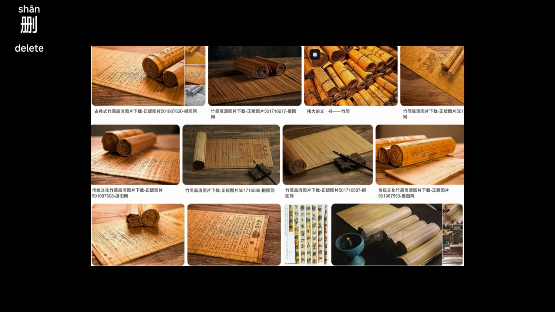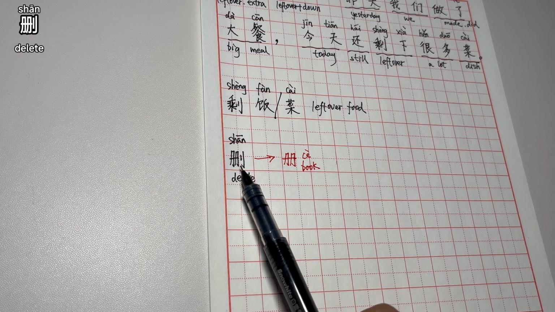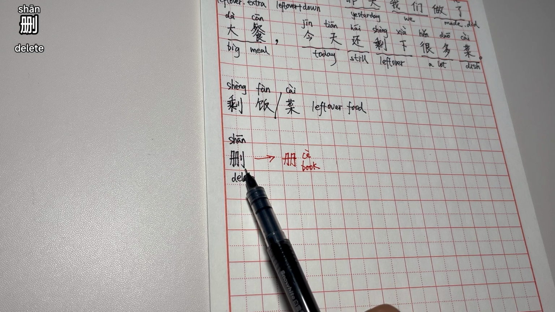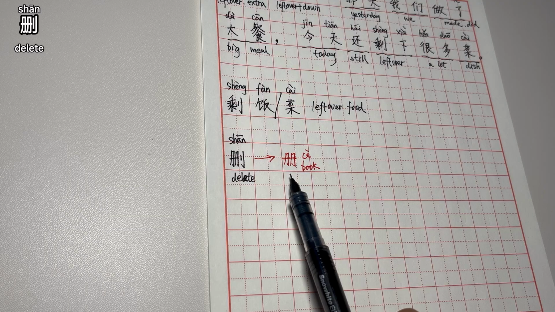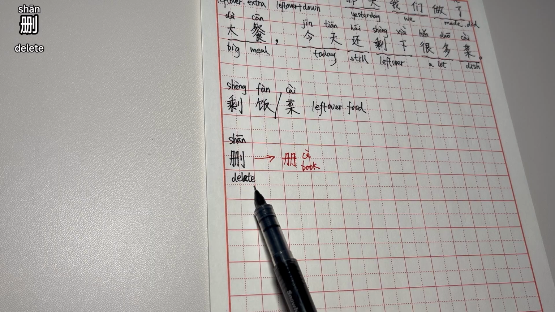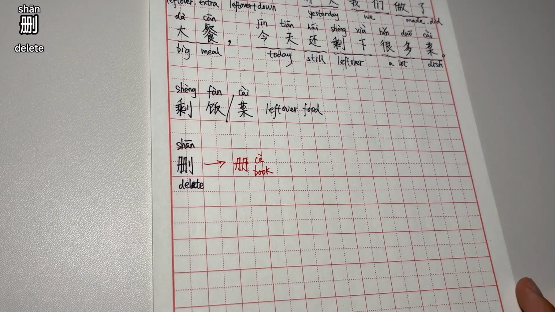So 册 can mean book. Just like we mentioned before, the knife radical can also represent to divide the quantity. So now we have the knife radical here to divide the quantity of the books. Some of the books we're keeping and the others we are throwing away, and that would be delete, so delete those information.